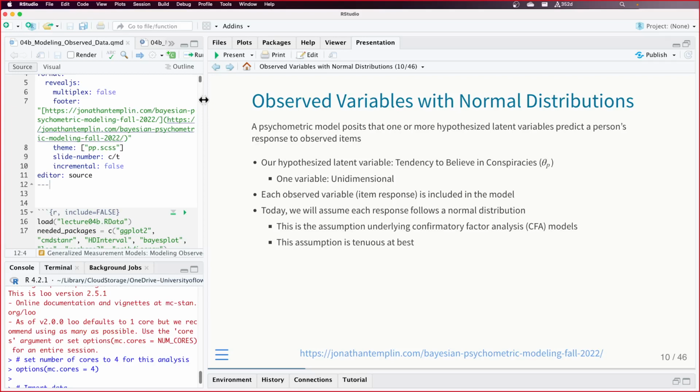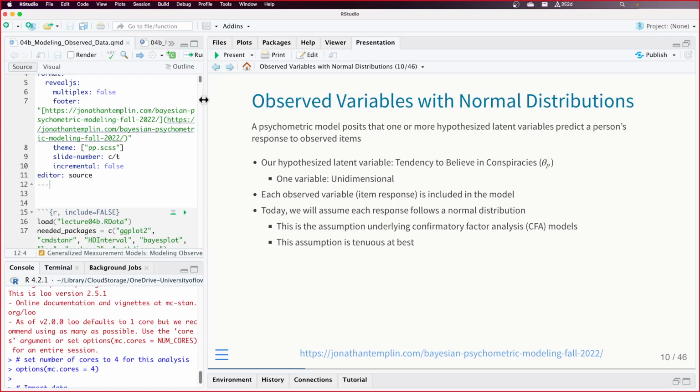So, a psychometric model posits one or more hypothesized latent variables predicts a person's response to observed items. Remember that, right? If we could observe the latent variable, we're putting it in a linear model to predict an item response, right? Somebody who has a high level of a tendency to believe in conspiracies is likely to rate each of these items very high.